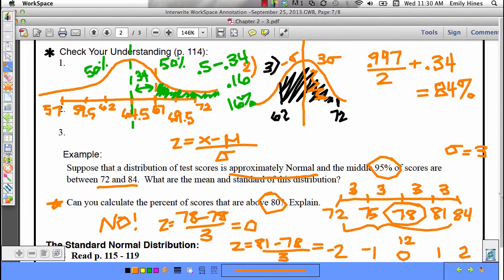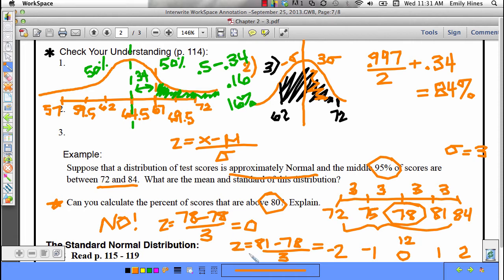The standard normal distribution is what happens when you take every value in your distribution and turn it into a z-score. We know from talking about transforming data that when I subtract and divide, it leaves the shape the same, even though it changes the standard deviation and the mean.